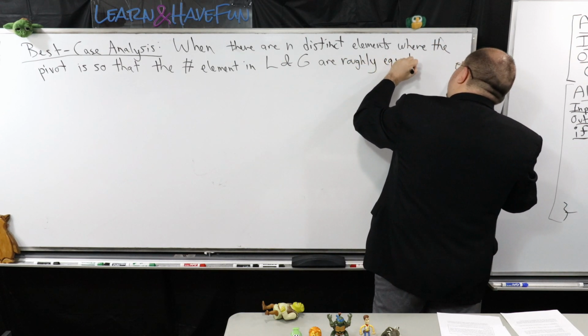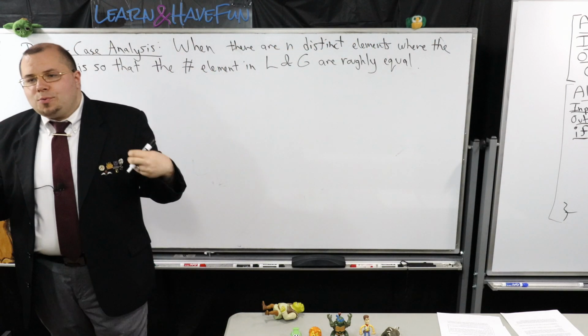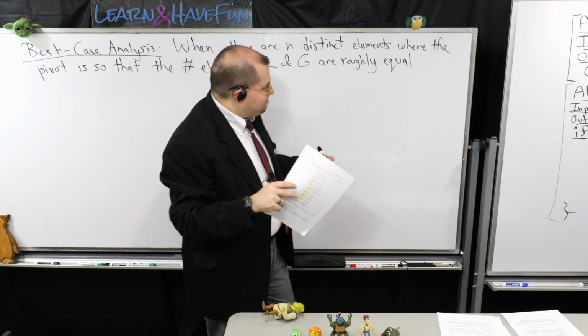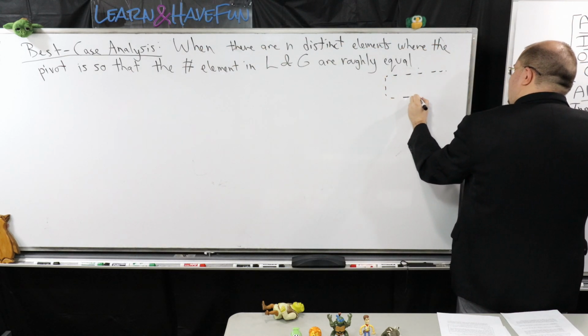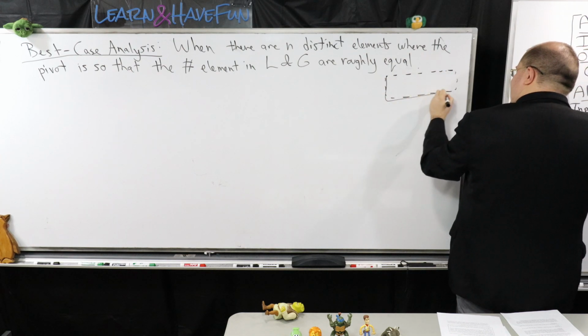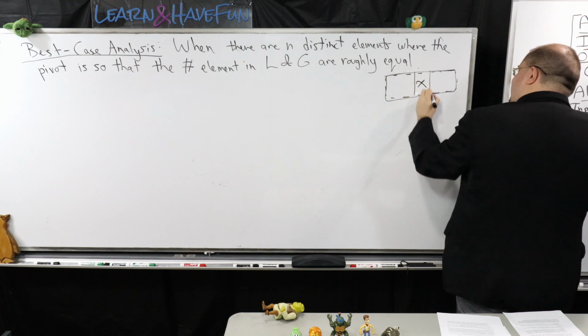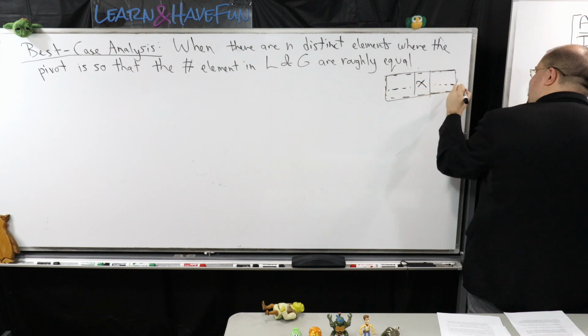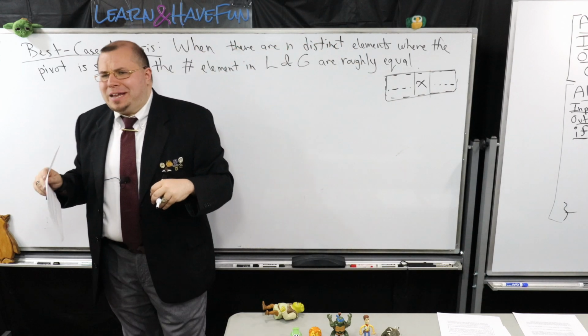So for those that are curious, I'll ask you about this. If I want to pick a pivot, imagine I have some set of elements in an array or even a subarray, and I would like it so that X is somewhere about the middle, where these are two roughly equal sizes. What would X need to be to make that happen?